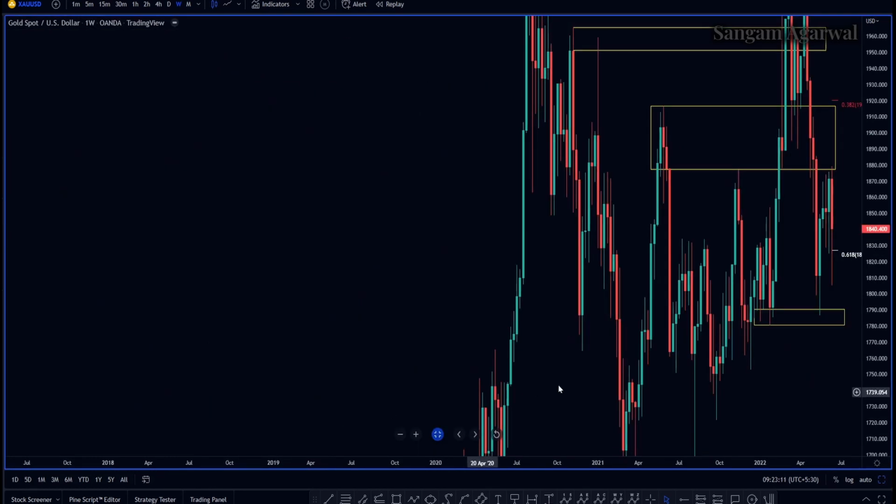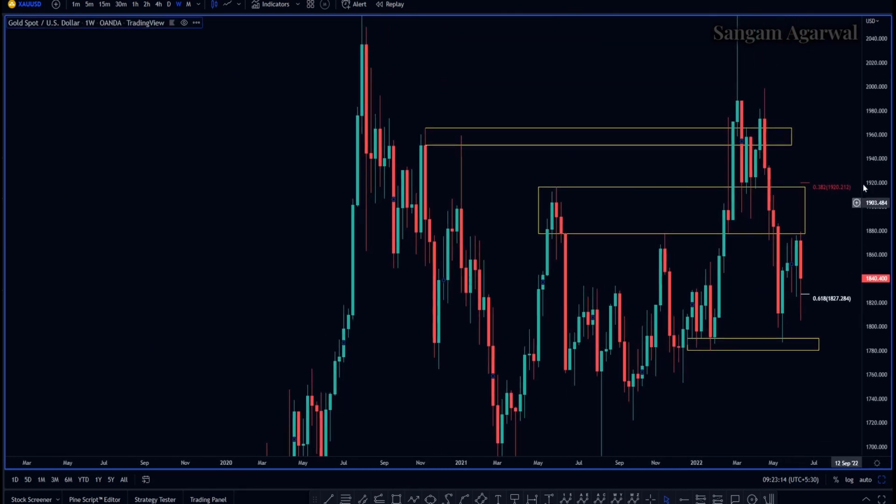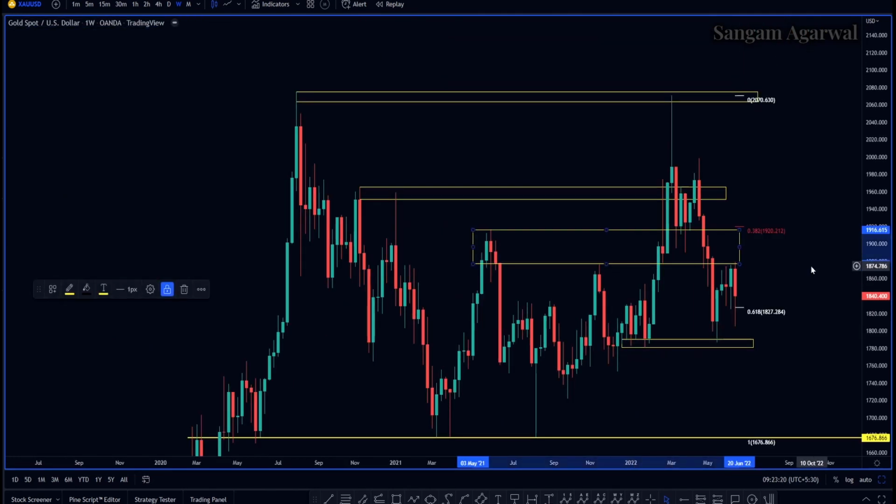And if you see the weekly time frame, then the upper resistance has been tested and the next target will be the lower support. And if it goes up again, if anything bad for the economy comes from these three persons, then it can test this upper level of the resistance zone near 1916, or this lower target near 1790.